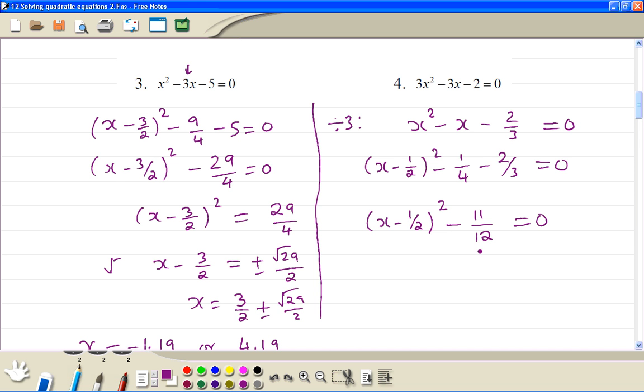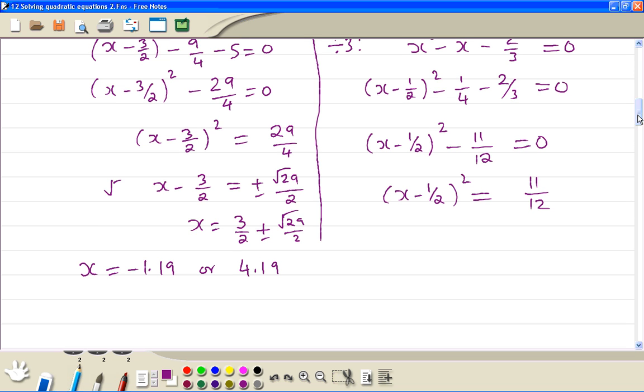Take minus 11 over 12 to the other side. Take the square root. Put the plus or minus sign. Therefore x is equal to half plus or minus root 11 divided by 12.